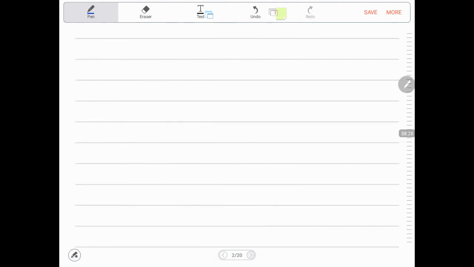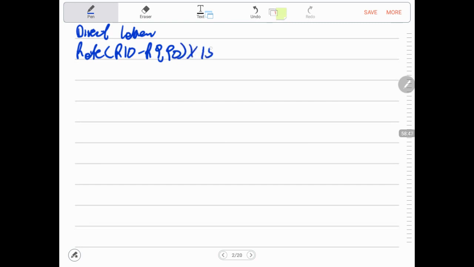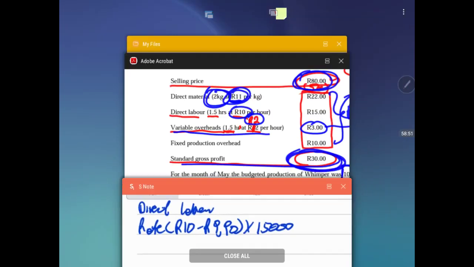Then I go to the direct labor variance, which is the standard rate of 10 Rand, minus the actual rate of 9 Rand 90, times the actual hours, 15,000 hours. Let me confirm those figures.